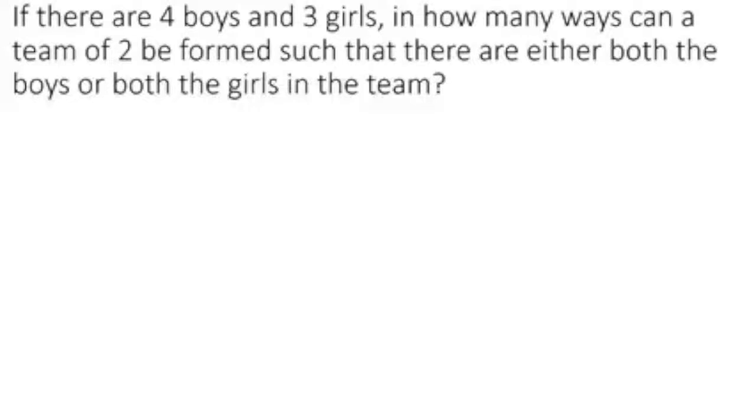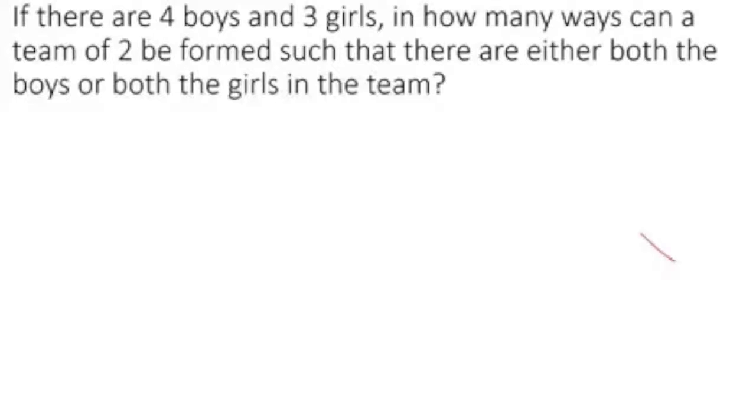If there are 4 boys and 3 girls, in how many ways can a team of 2 be formed such that either both are boys or both are girls in the team? So remember, here we need to have either 2 boys or 2 girls. So how can I do this kind of problem?